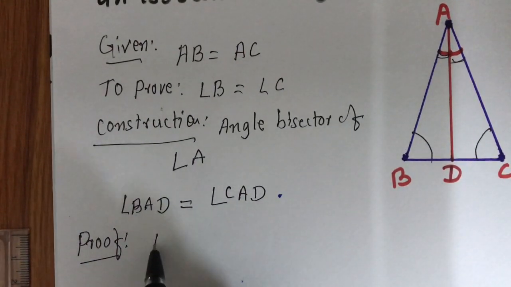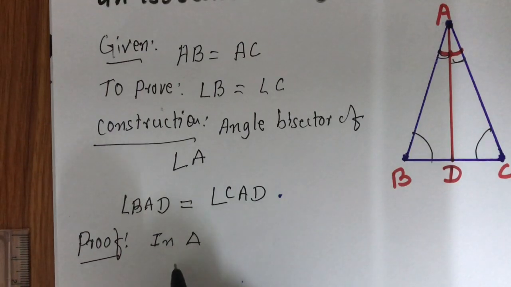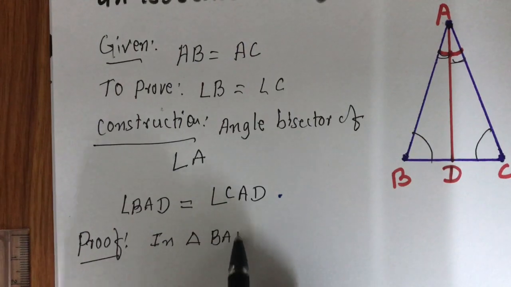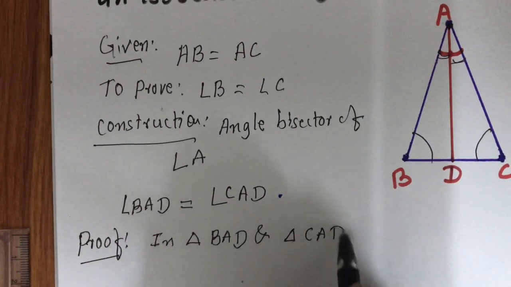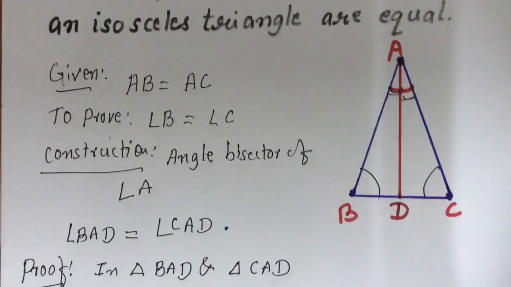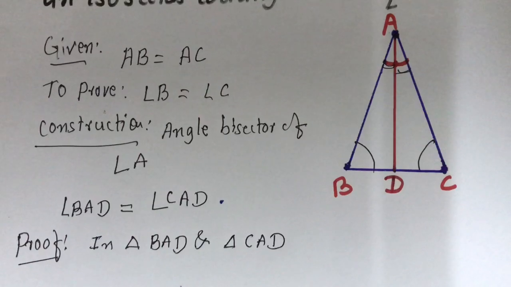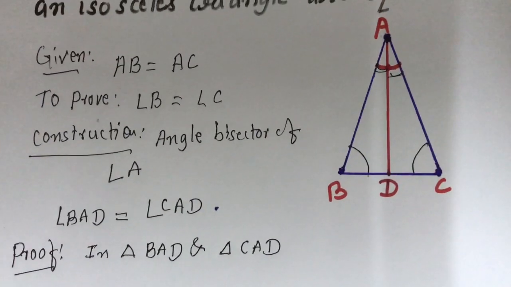We shall write in triangle BAD and triangle CAD. In these two triangles, what are we going to write?